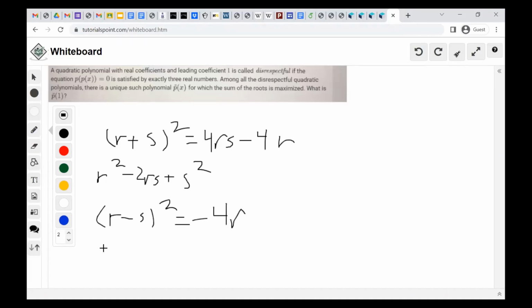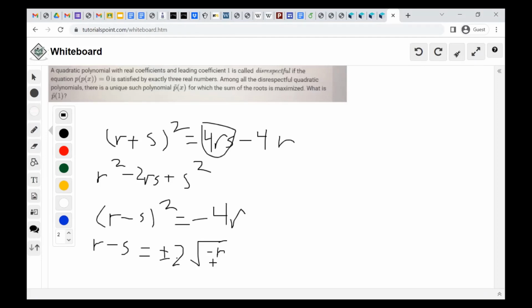And so what happens here is now we want to solve for s in terms of r. So r minus s, well, it equals negative 4 because we subtracted 4rs from both sides of this equation. So r minus s equals plus or minus the square root of this, which is 2 root negative r.